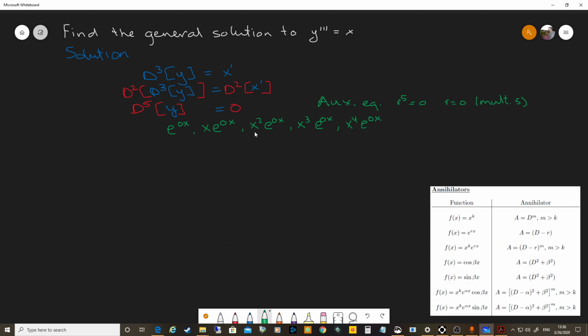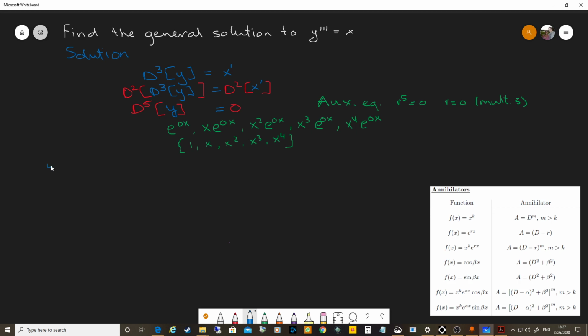Now all of these solutions, of course, can be simplified to 1, x, x squared, x cubed, x to the power 4. And so our general solution so far will look as follows.